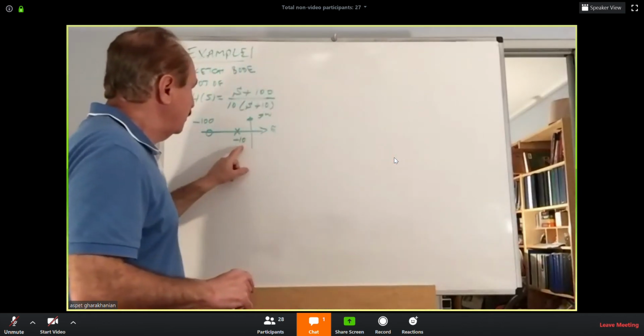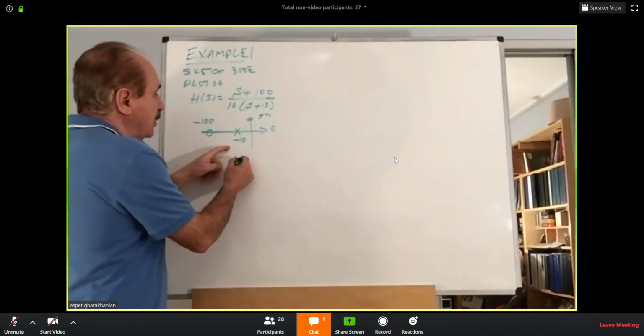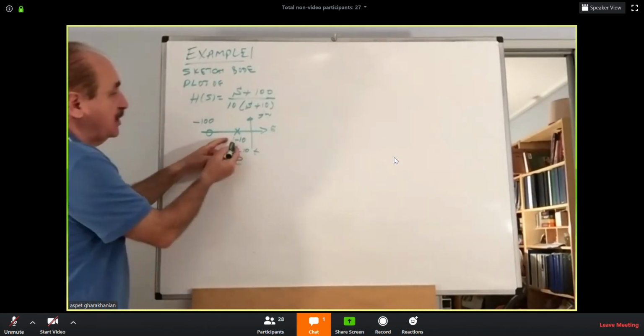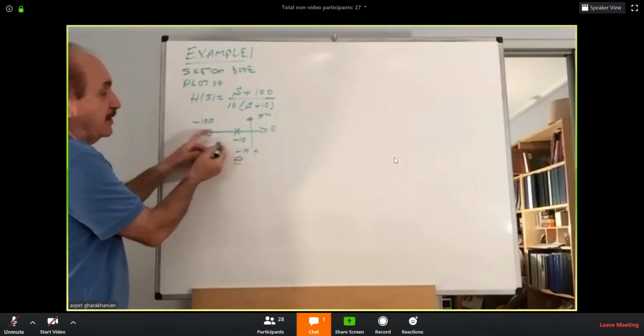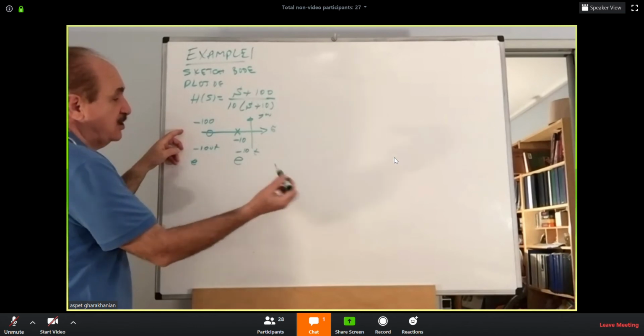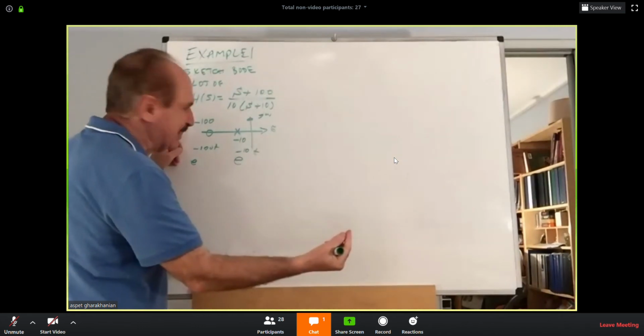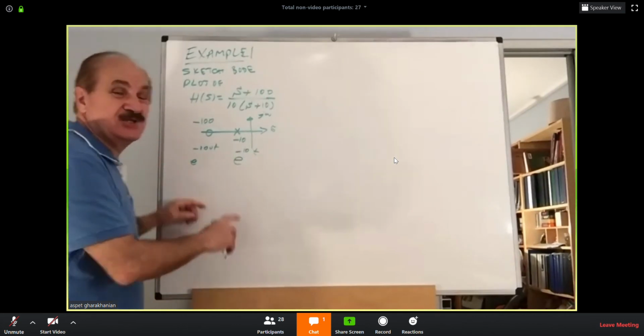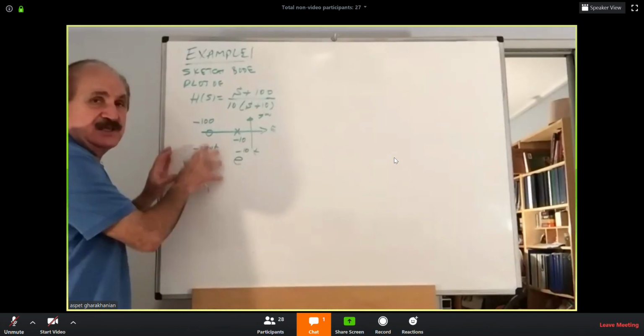Here, for example, you've got e to the minus 10t. If this was located at -100, it would be e to the power -100t. So for t equal to 0.1 second, this is e to the -1, but that is e to the -10. So this is completely dead.